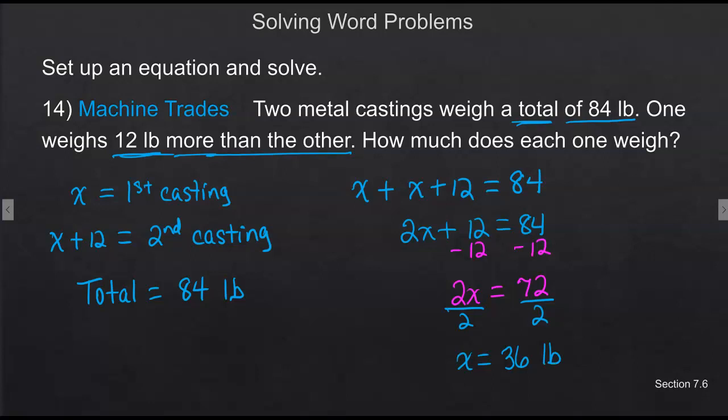Remember, the first casting was my X, and the second one is X plus 12. So X plus 12 would be 36 plus 12, which is 48 pounds.